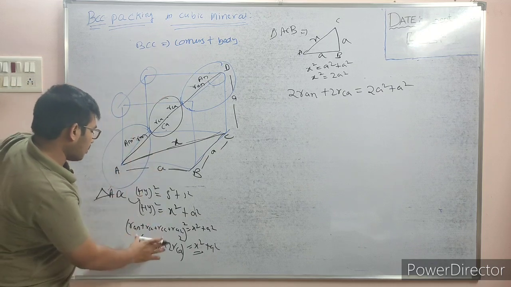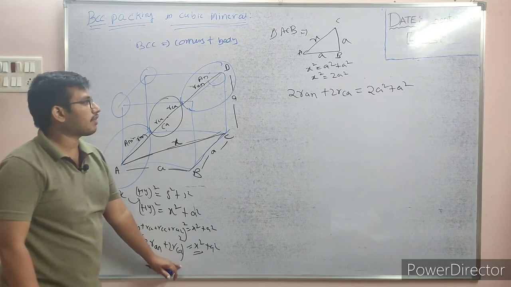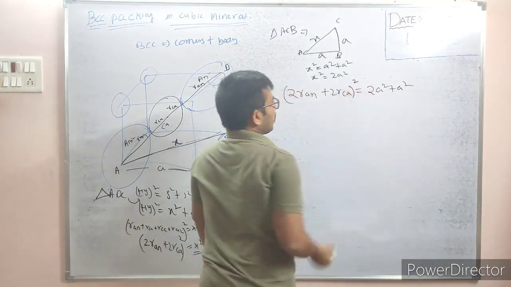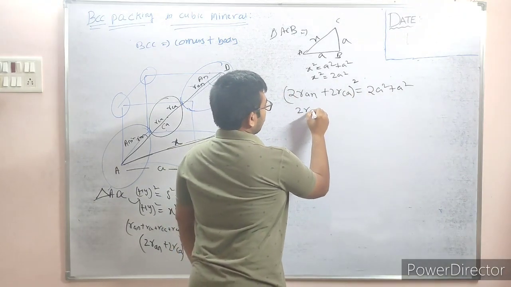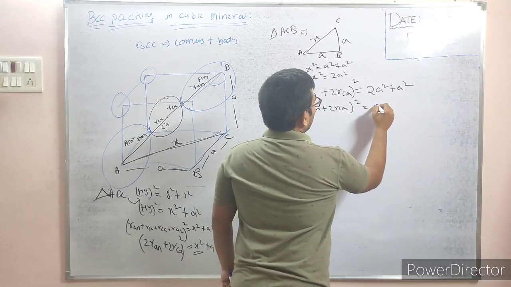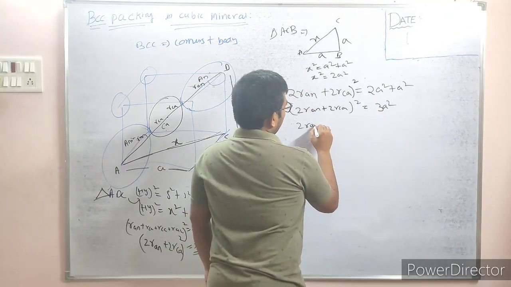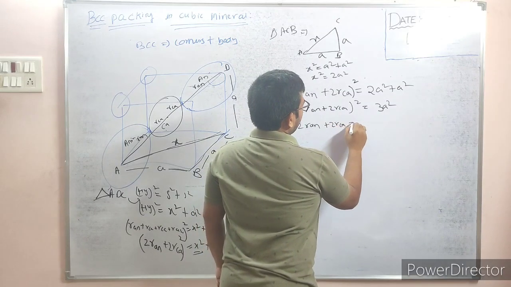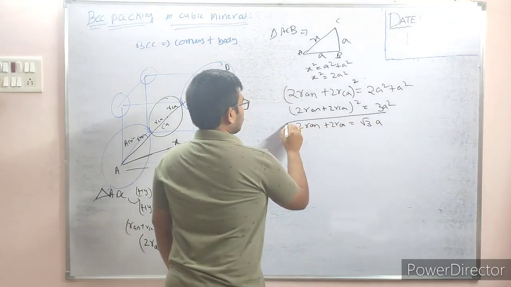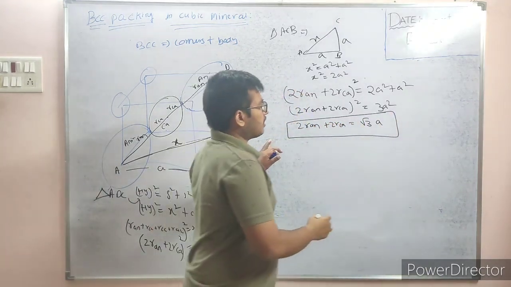We have to whole square this, and we are getting whole square of 2 into radius of anion plus 2 into radius of cation. So here also whole square. Okay, so 2 into radius of anion plus 2 into radius of cation whole square is equal to 3a square, and 2 into radius of anion plus 2 into radius of cation will be root 3a. This is the formula, okay, for BCC packing.